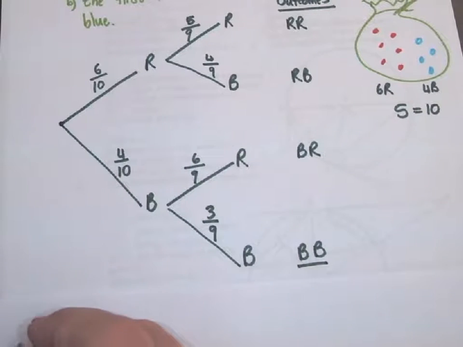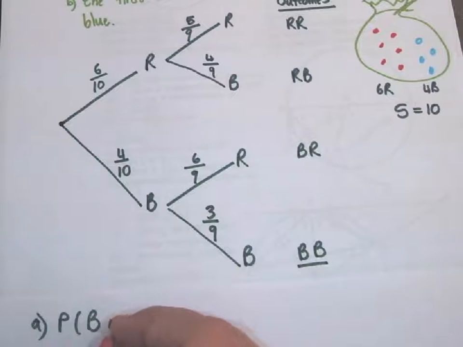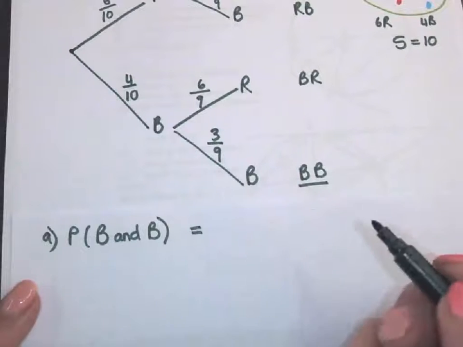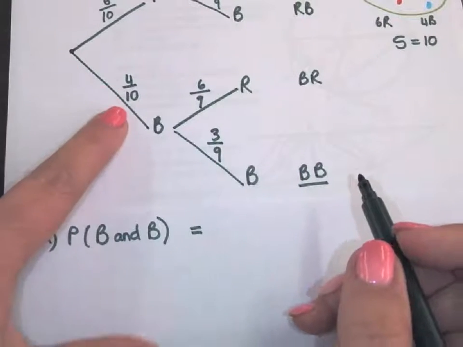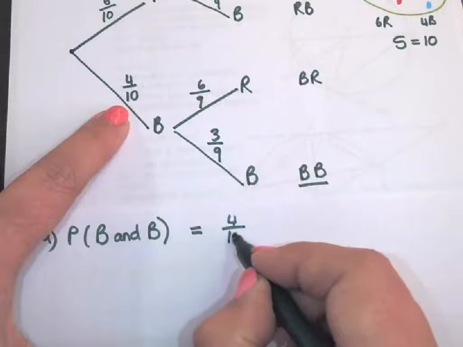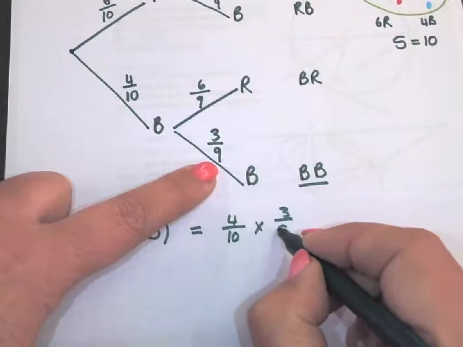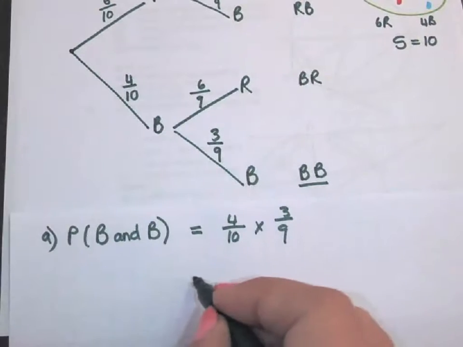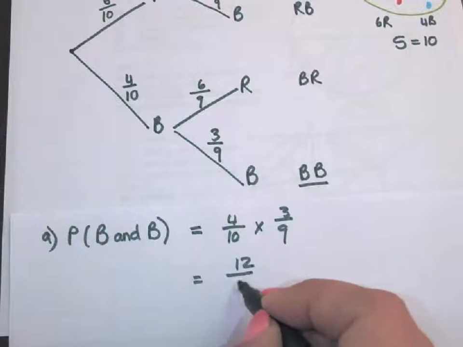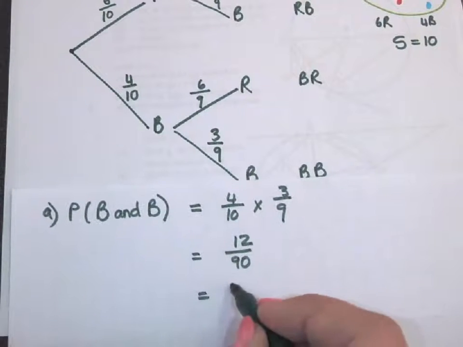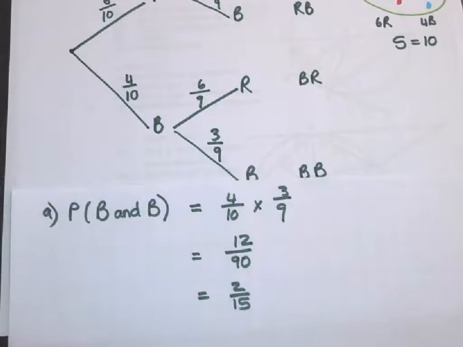So the probability of blue and blue equals 4 out of 10 times 3 out of 9. And that gives me 12 over 90, and you have to simplify: 2 over 15.